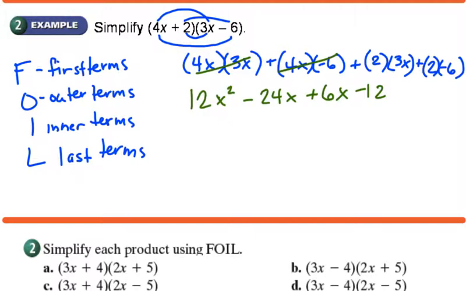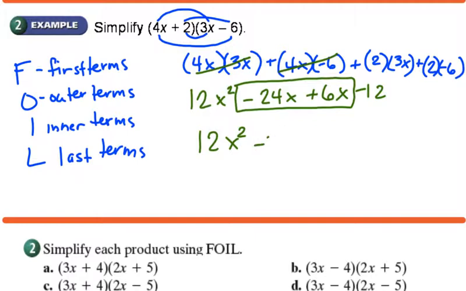Okay, now you want to take a look at your polynomial and see if you have like terms anywhere. And we sure do. We won't always have them, but usually we do. Okay, so these are the like terms. So we're going to write 12x squared, negative 24x plus 6. Negative 24 plus 6 is going to give us negative 18.